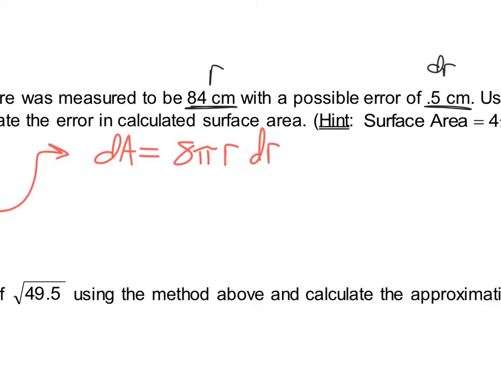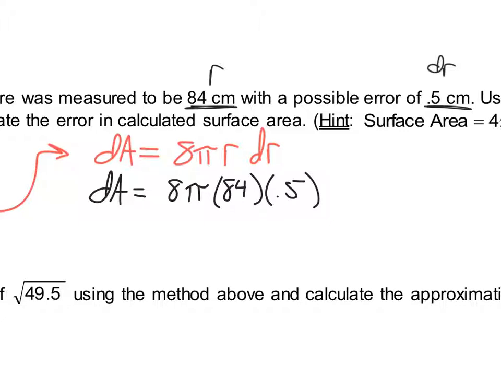So I could put these numbers in and get my dA. 8 pi times 84 times 0.5. Is that 336 pi?